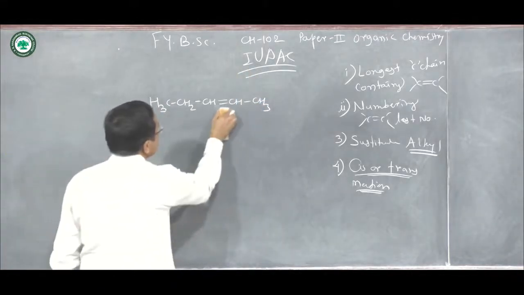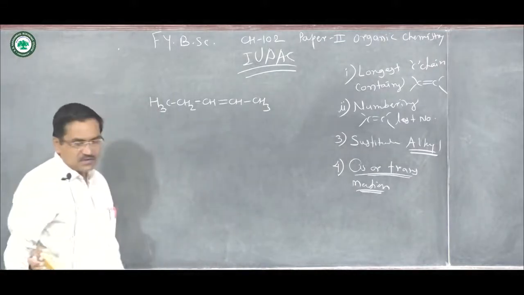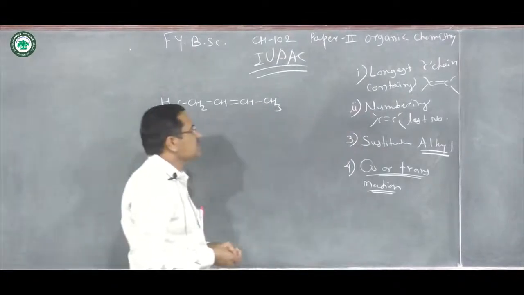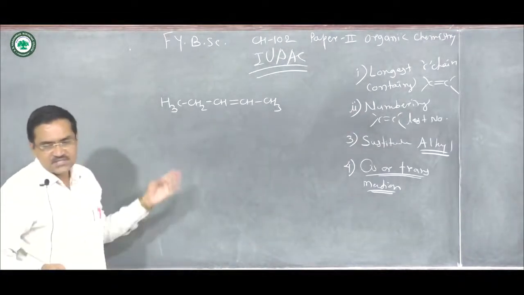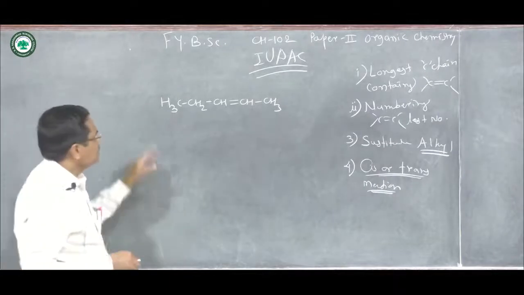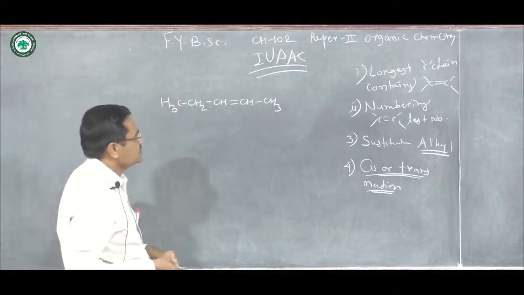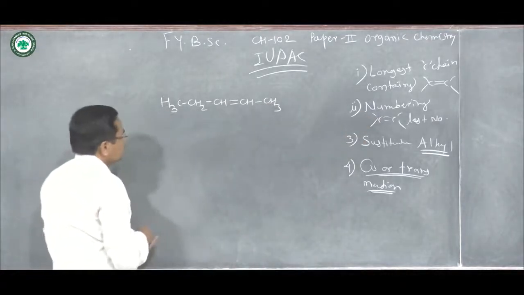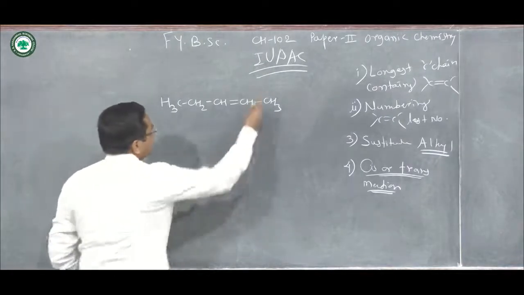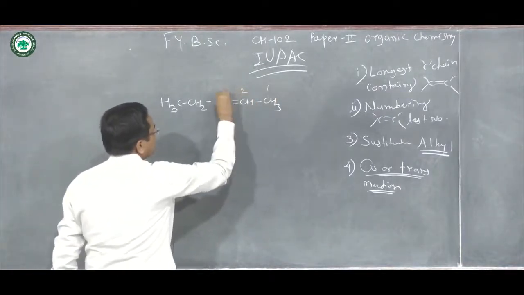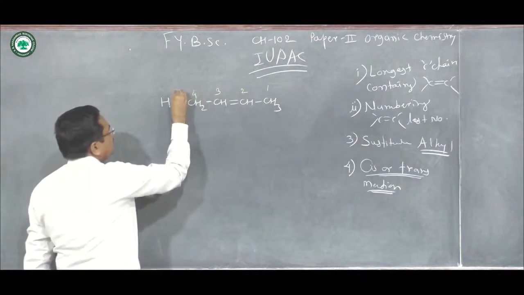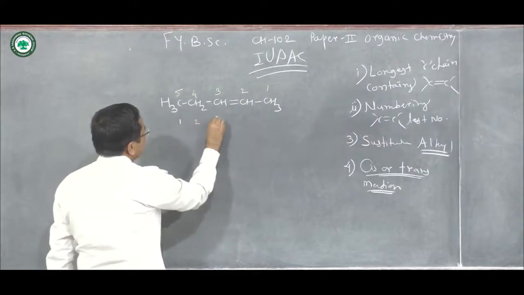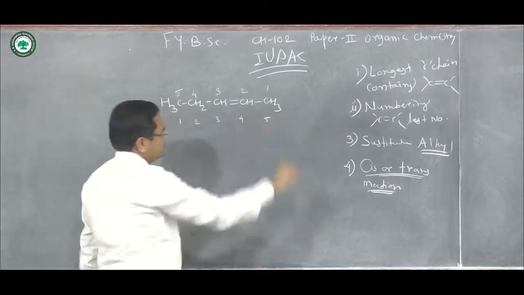Now in this case, when we go through these rules, the first is the longest carbon chain containing carbon-carbon double bond. Now in this case there is no problem because this is a straight chain and there is no branching. But in second, when we consider the numbering, there are two ways to use the numbering here: 1, 2, 3, 4 and 5, and another way 1, 2, 3, 4, 5.